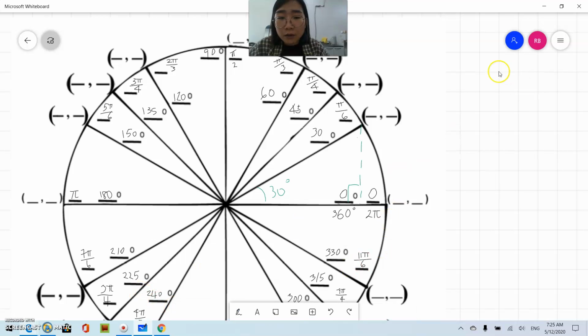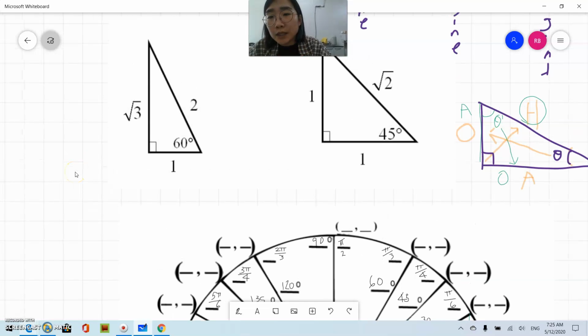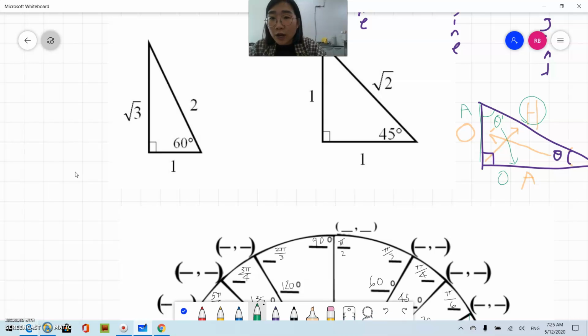And if you look at the original ratio of this triangle, the hypotenuse is 2. So how can we make this triangle similar to that triangle? Well, we divide everything by 2 because the hypotenuse has to be 1. So this is 30 degrees, right? My adjacent is square root of 3 over 2, and my opposite is 1 over 2.